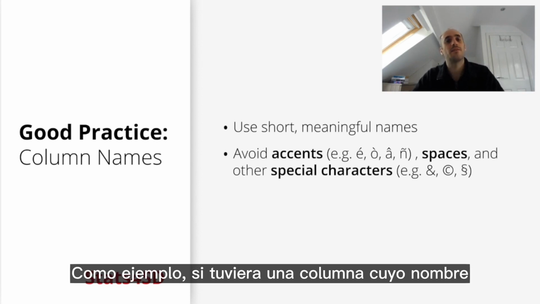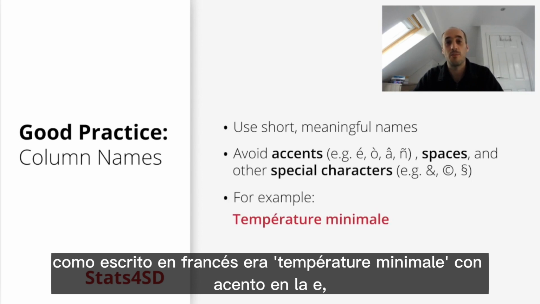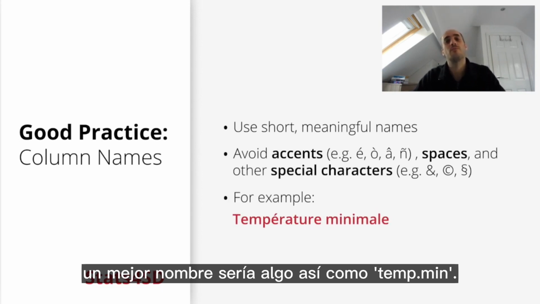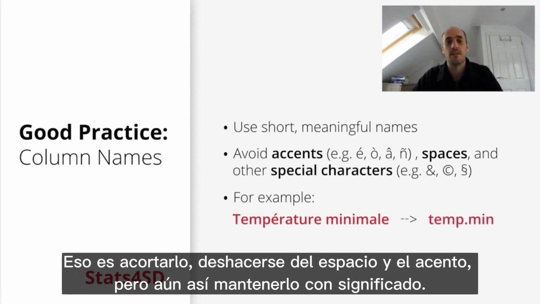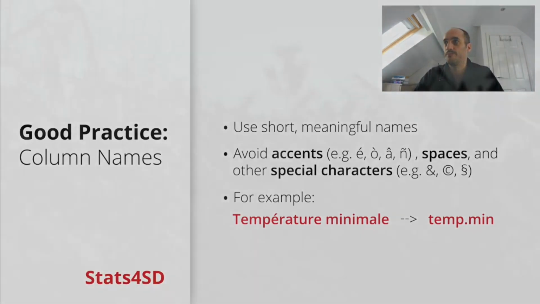As an example, if you had a column whose name, written in French, was température minimale with an accent on the E, a better name would be something like temp.min. That is making it short, getting rid of the space and the accent, but still keeping it meaningful.